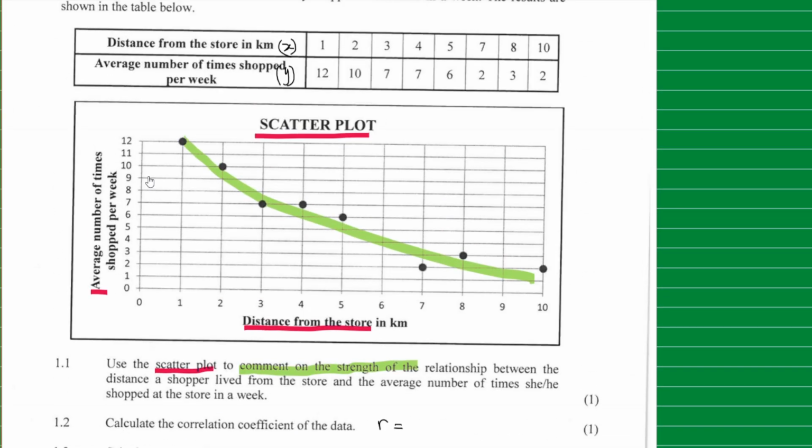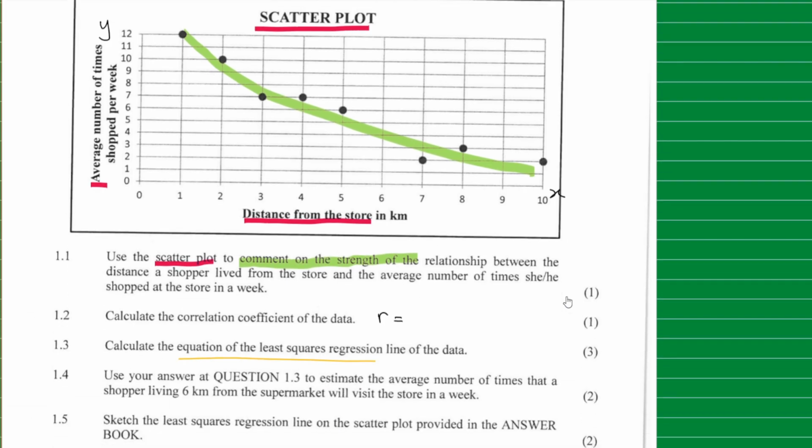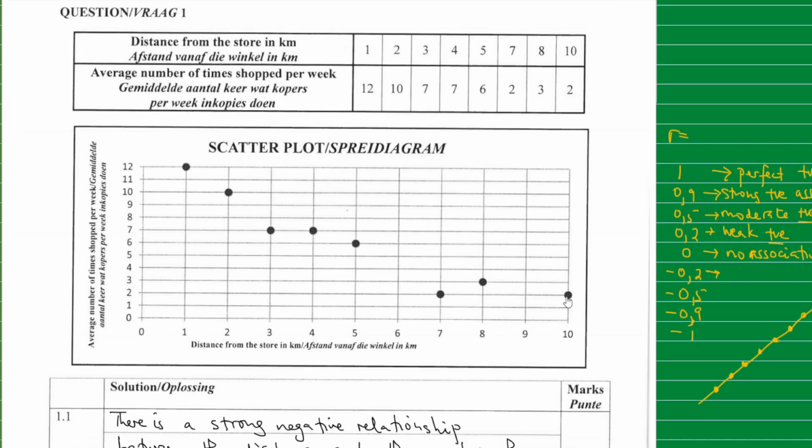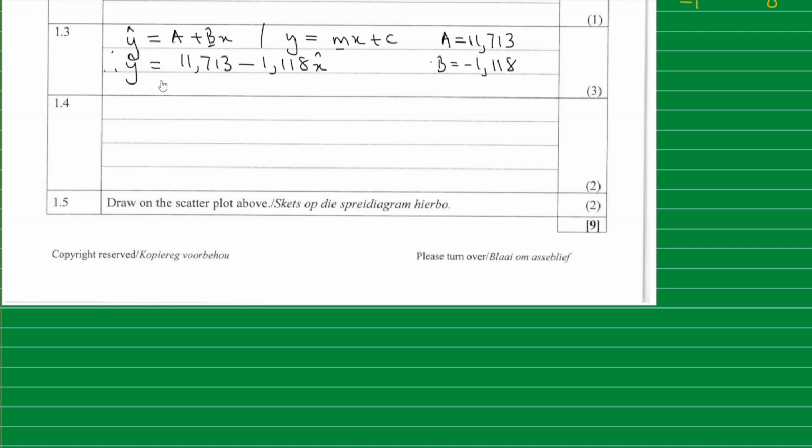Number of times shopped per week. So this is the y-axis over here, and this is the x-axis. So our equation is given by this statement here. Then we come to 1.4.